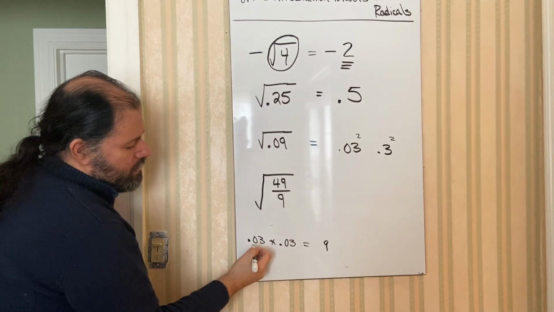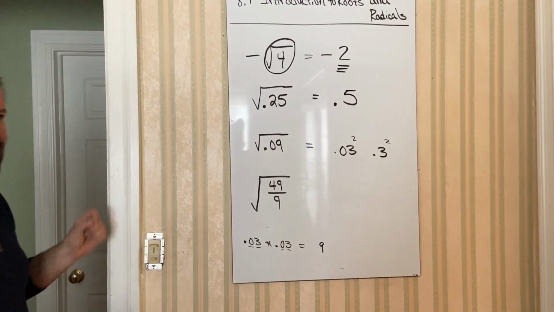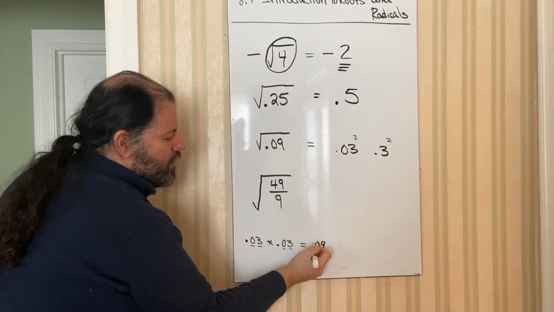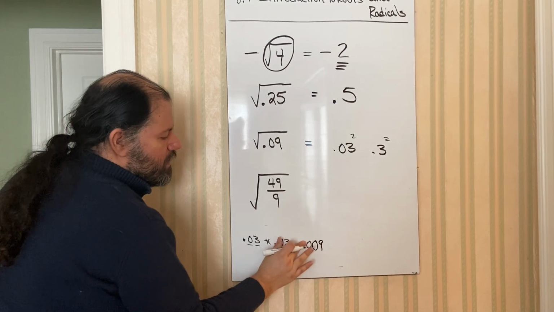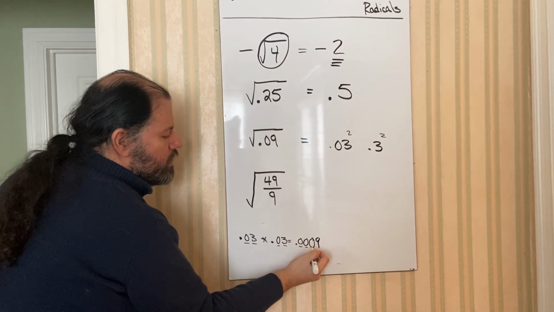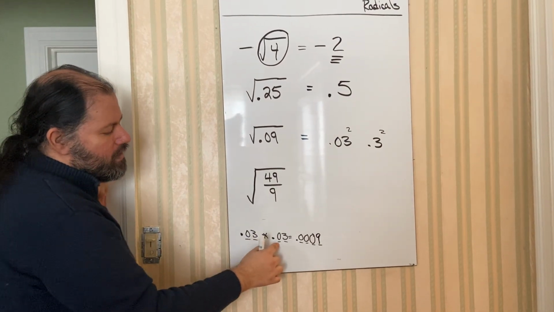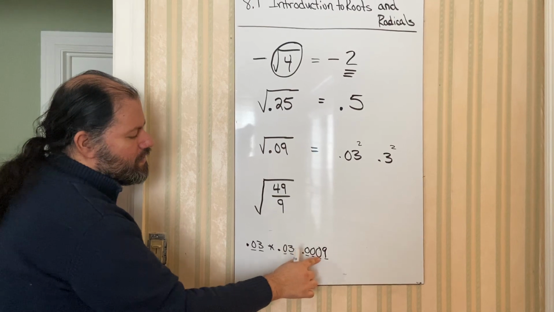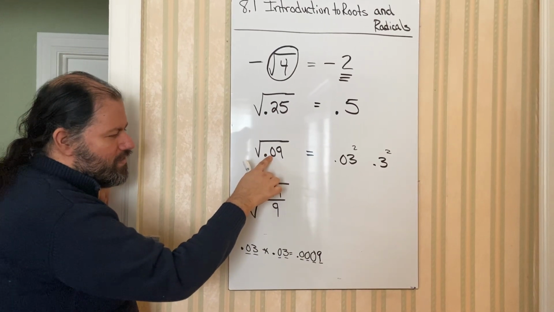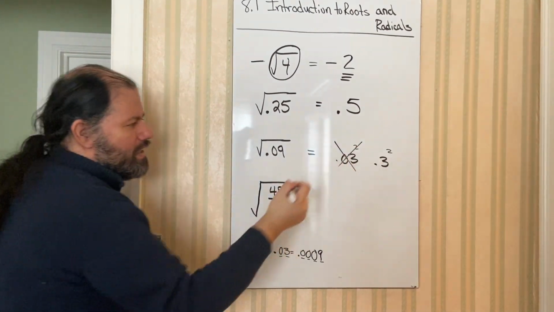But how many digits? 1, 2, 3, 4. 4 digits behind a decimal point. So to make 4 digits behind a decimal point, I'm going to have to add some zeros here. 1, 2, 3, 4. So 0.03 times 0.03 gives me 0.0009. No, I don't have 0.0009. I just have 0.09. So this can't be it.